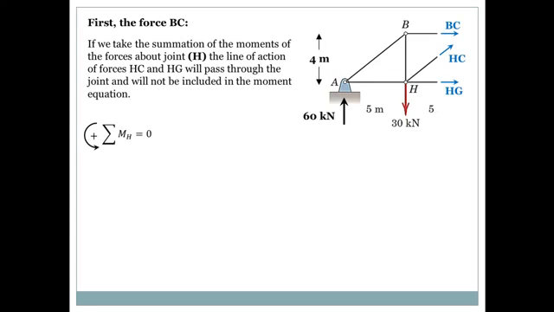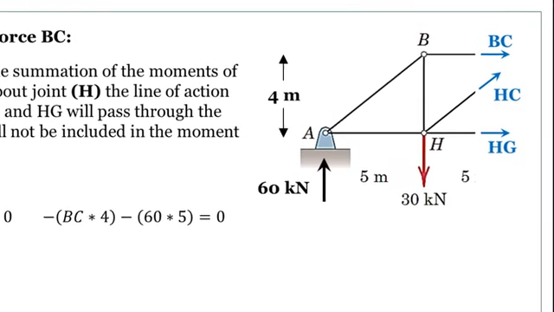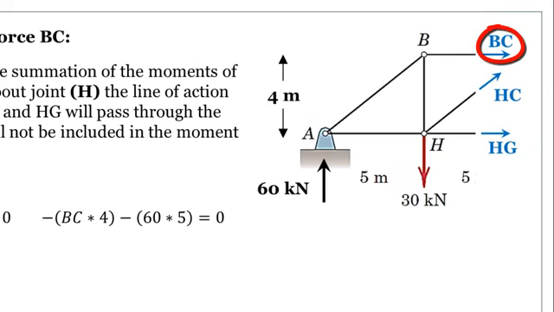So this is my summation of the moments about H, and I will assume the counterclockwise direction to be positive. Okay, so what do we have? We have BC times 4, and it should have a negative sign since the direction of the rotation is clockwise, which is opposing what I'm assuming to be positive, which is the counterclockwise.